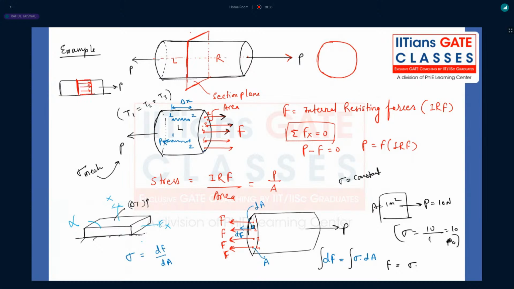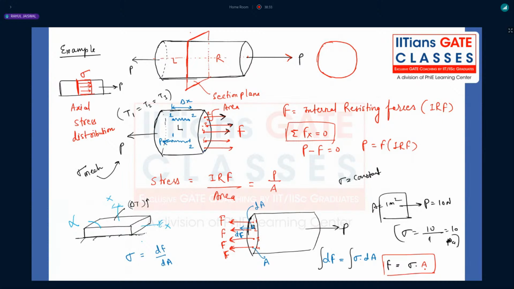Axial stress distribution. Now here you can see sigma is the same for all the particles. Sigma I can take outside, sigma into A, that will be the formula. Getting my point, all of you?